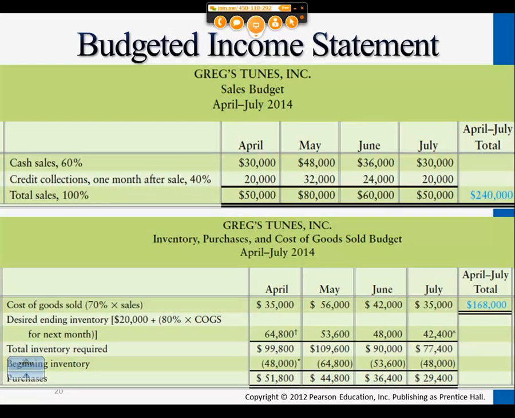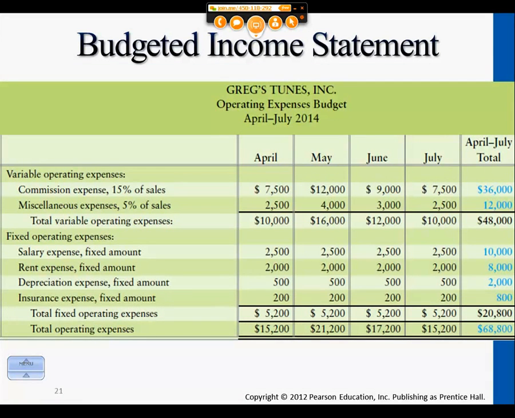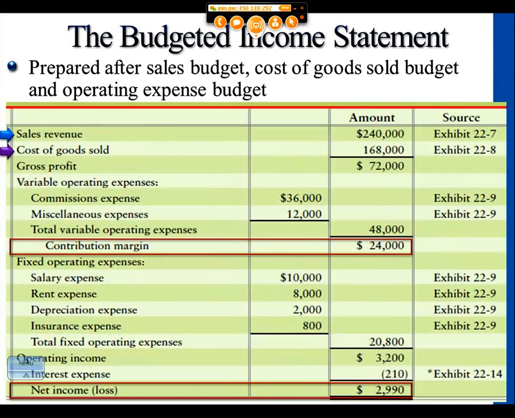Like for desired ending inventory. And that's how I put together my inventory purchases and cost of goods sold budget. And then at the very end, I'm going to put together my operating expenses budget. Right? So these are the three.